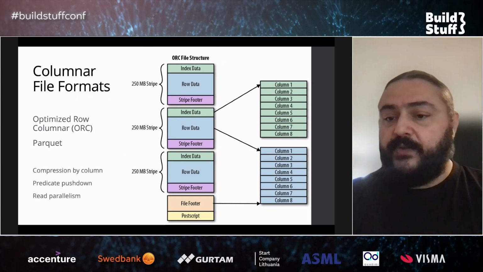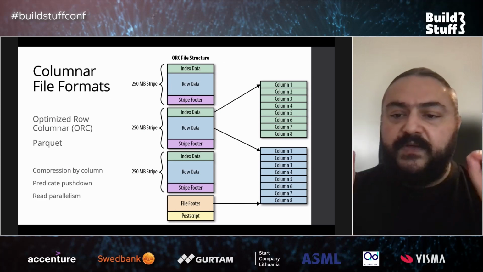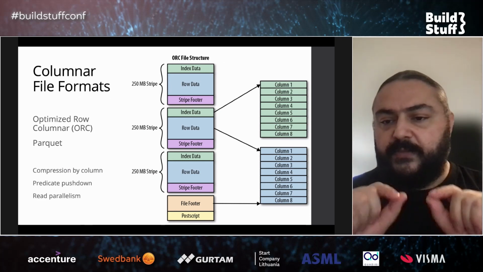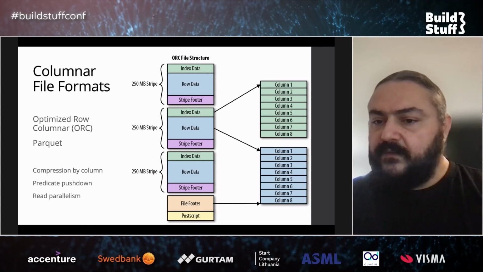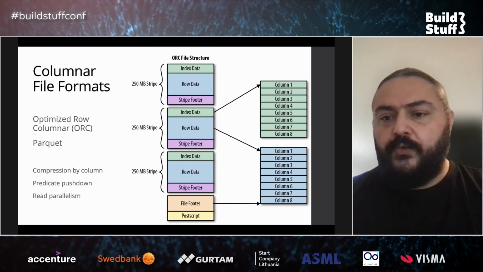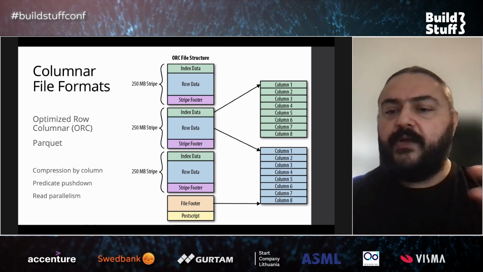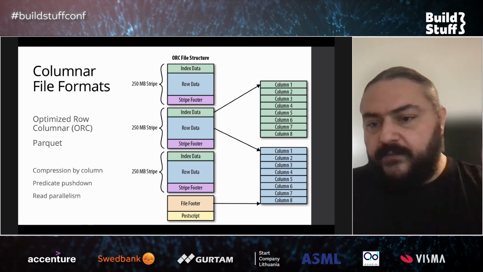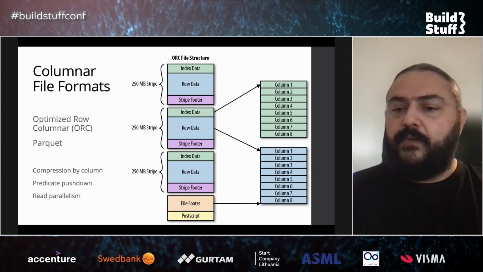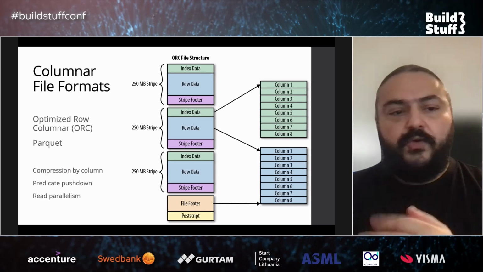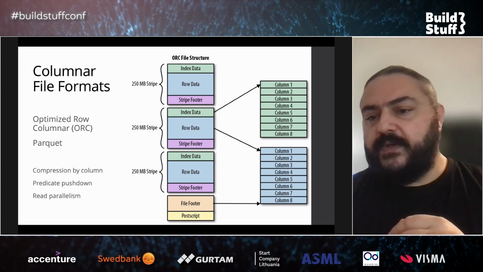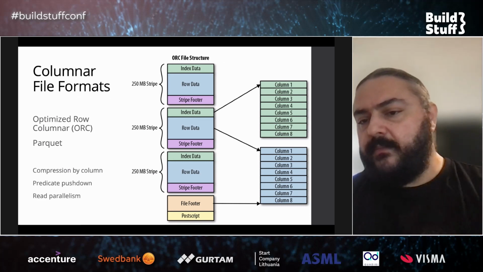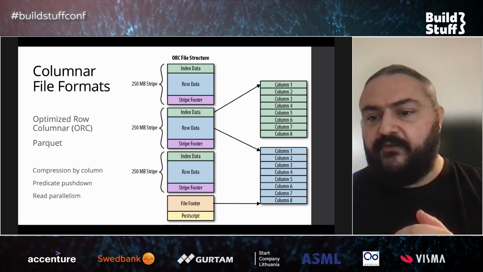The other way to optimize this is the reason columnar formats are called columnar is because, unlike traditional databases and just plain files where you store the entire data record sequentially on disk, columnar formats break each record into individual columns and store columns sequentially on disk. So let's say you're storing users, right? And users have a first name, a last name, an age, and I don't know, date of birth.